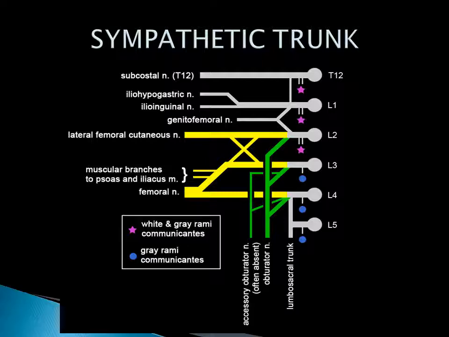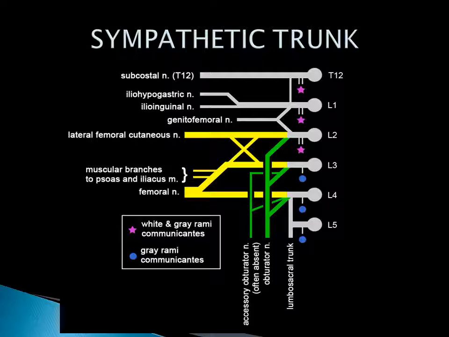One of those fates is that the motor neuron makes a synapse in the sympathetic ganglia, and then the axon from that synapse, the postganglionic neuron, leaves the sympathetic trunk by way of the gray ramus communicantes. We call them white and gray rami communicantes to indicate that the white rami communicantes are composed of myelinated nerve fibers, and the gray rami communicantes are composed of unmyelinated nerve fibers.